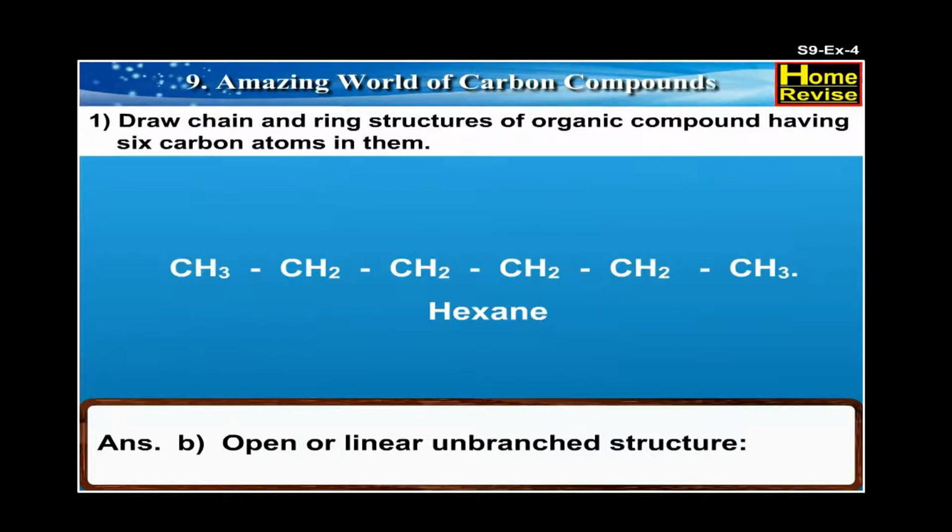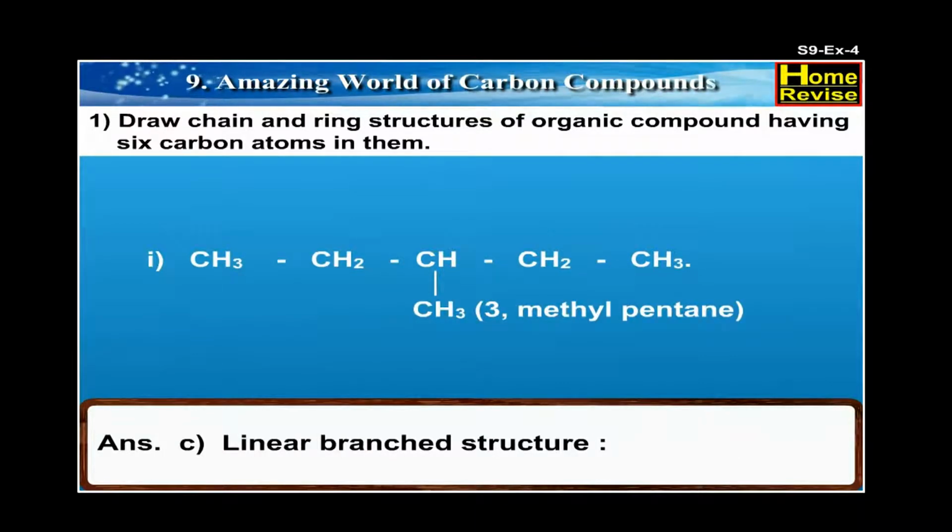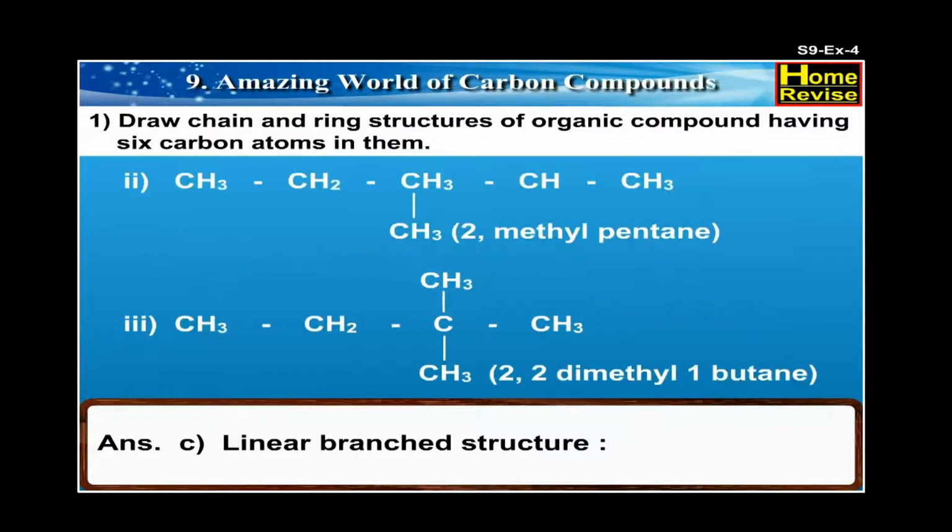B. Open or linear unbranched structure. For example, hexane. C. Linear branched structure. First, for example, 2,2,3-methylpentane, 2-methylpentane, 2,2-dimethyl-1-butane.